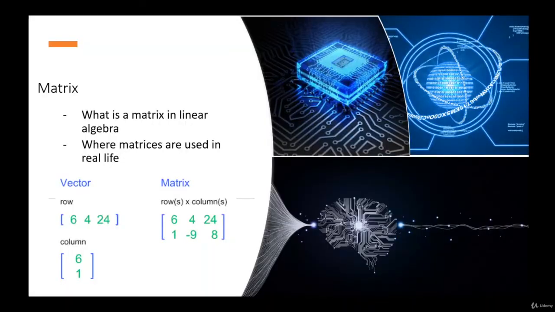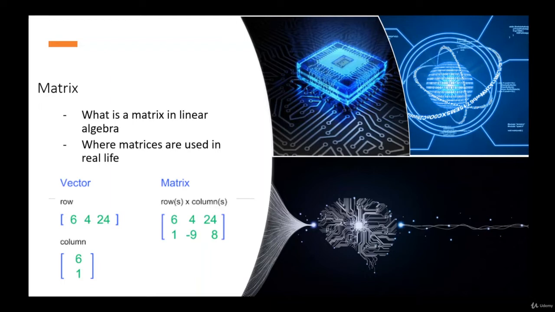So let's start. All right, so what exactly is a matrix in linear algebra? A matrix is a rectangular array of numbers, or it can also be symbols, that are arranged in rows and columns. So let's say we have a matrix with x rows and y columns.